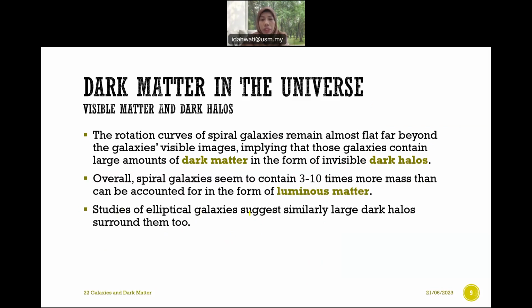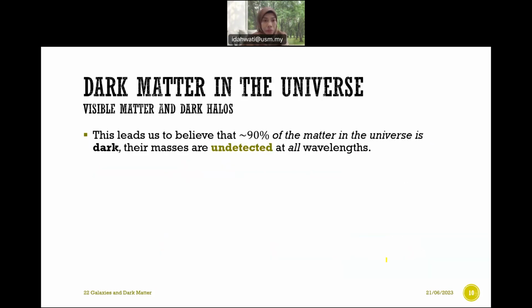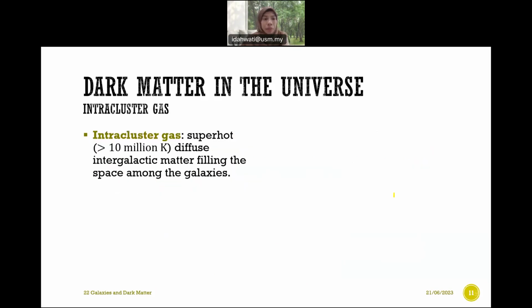Studies of elliptical galaxies suggest similarly large dark halos around them, containing 10 to 100 times more mass than luminous matter. This leads us to believe that 90% of the matter in the universe is dark, undetected at all wavelengths. The accumulation of dark matter within each individual galaxy and its dark halo is not enough to account for the total dark matter.